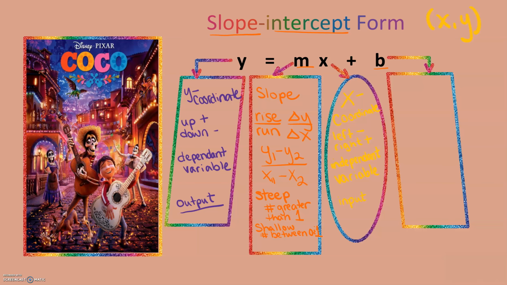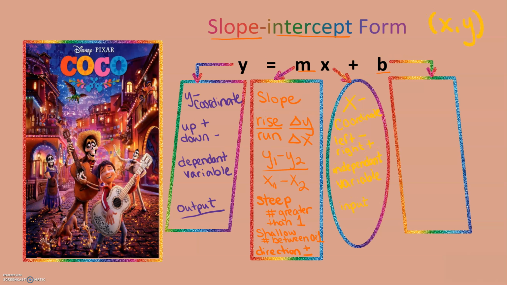The last thing that slope tells us is the direction. The direction is the sign of that value of m. So if that m value is positive, it's telling me that the slope goes up, or it points to the right-hand side.